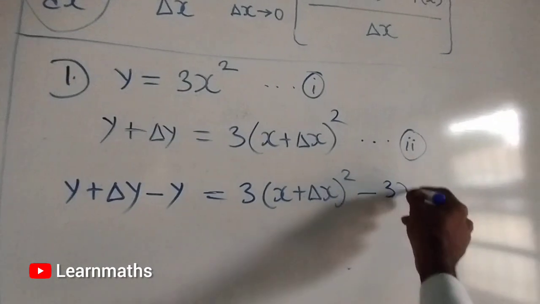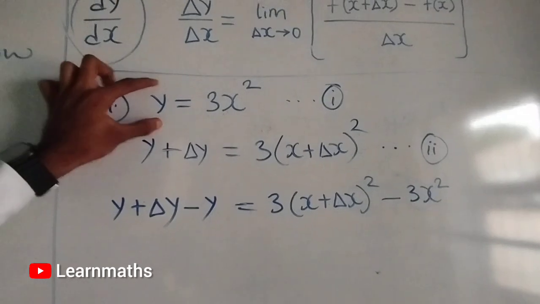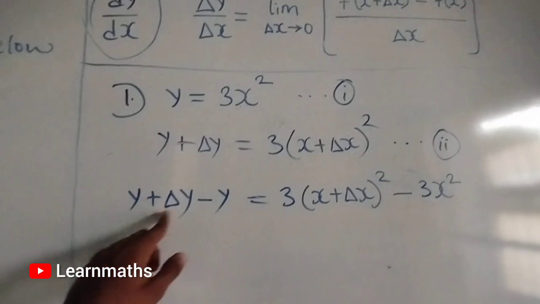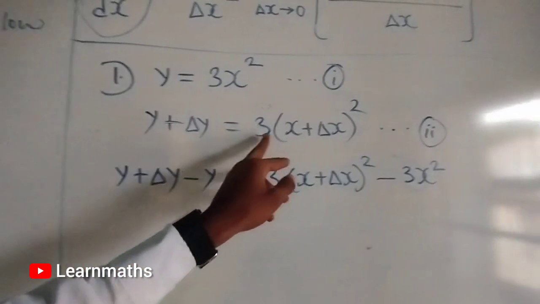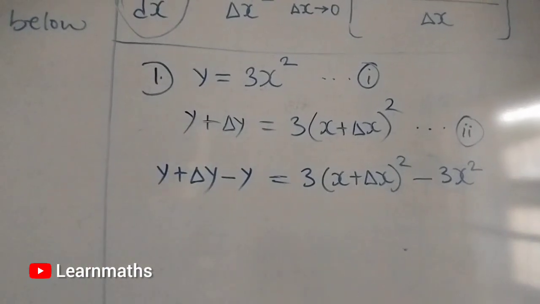Minus just 3x squared, right? You understand what we did? We said this minus this and this minus this, the left and right hand side. Now here we have y plus change in y minus y. Here we have 3 times x plus change in x squared minus 3x squared. That's what we did.